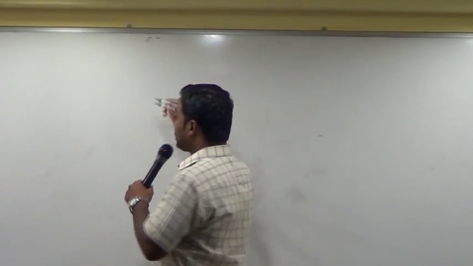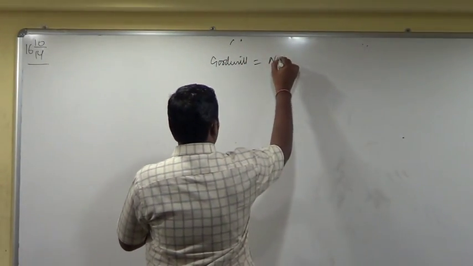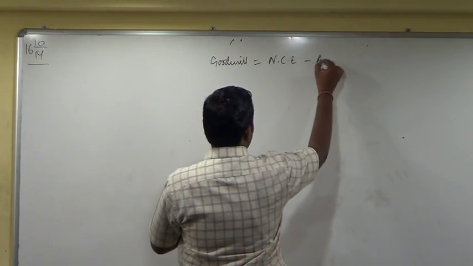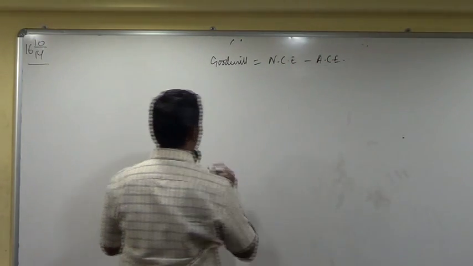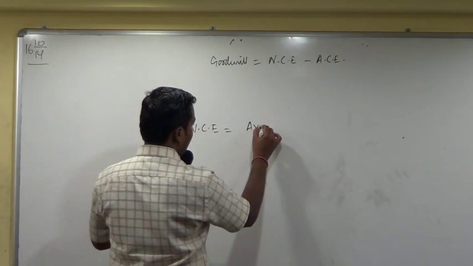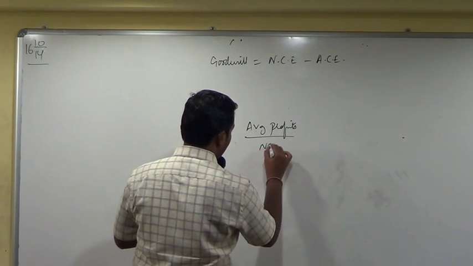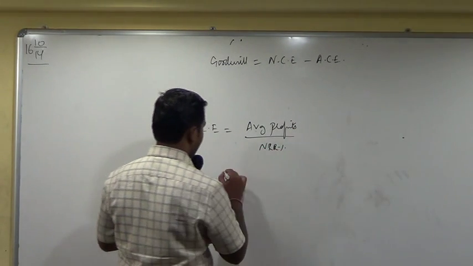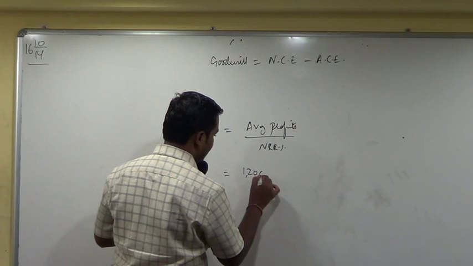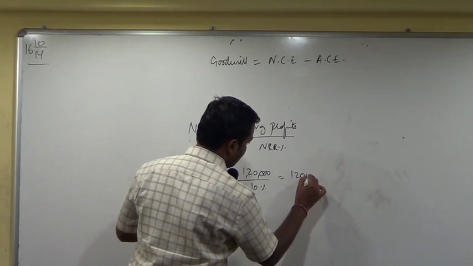So what is the value of goodwill equal to? Normal capital employed minus actual capital employed. Normal capital employed, what is the formula I have taught you? Average profits divided by NRR percentage. What is the average profits we have earned? 1,20,000 divided by 10%.